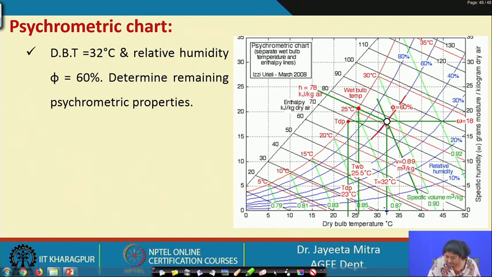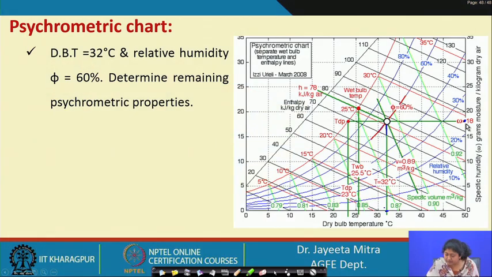So, we draw a vertical line, and then we come to this point, that is 60% relative humidity, and then we move horizontally to the right to find out the specific humidity. Okay. And at this point we will get the specific humidity. Here the unit has been given as gram moisture per kilogram.